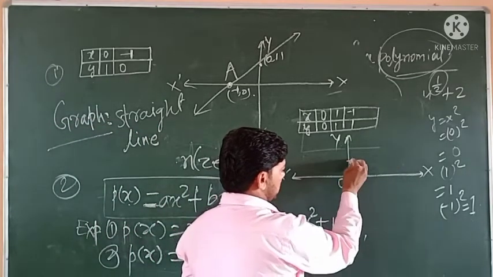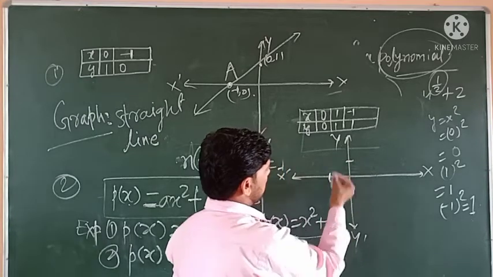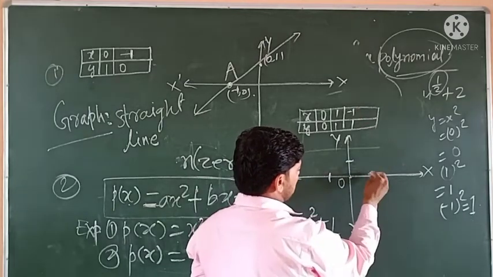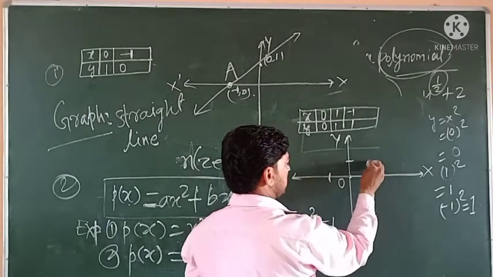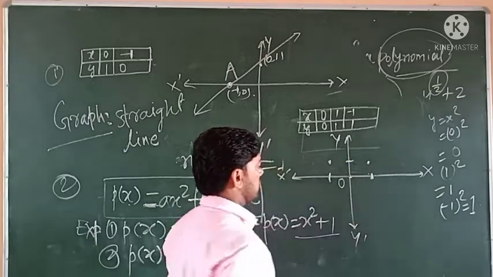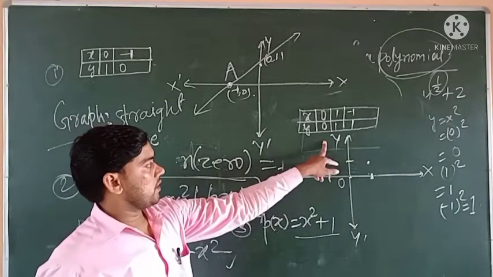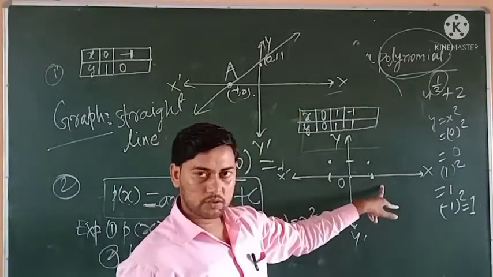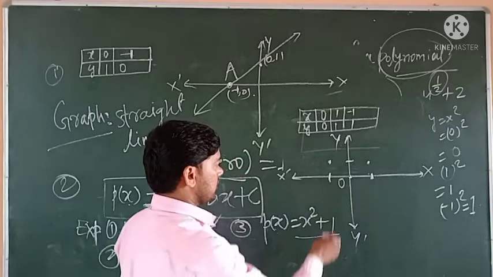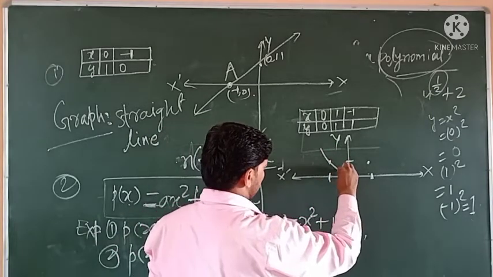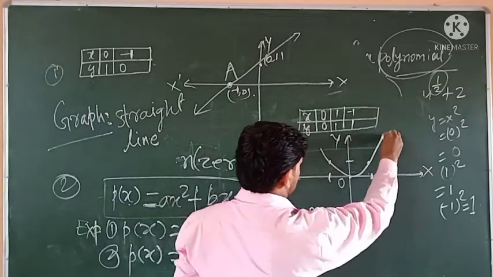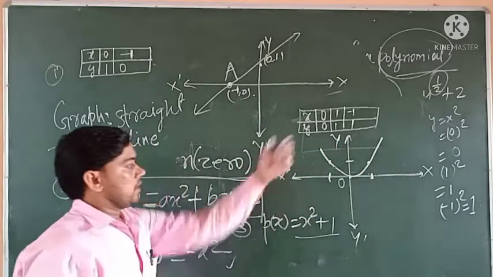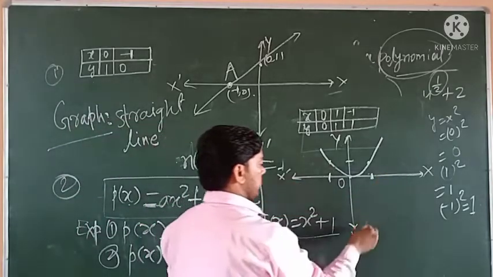Minus is on the left, plus on the right, so the minus 1, 1 point is in the second quadrant, 1, 1 is in the first quadrant, and 0, 0 is the origin. So the graph is like this. The name of this figure is parabola.